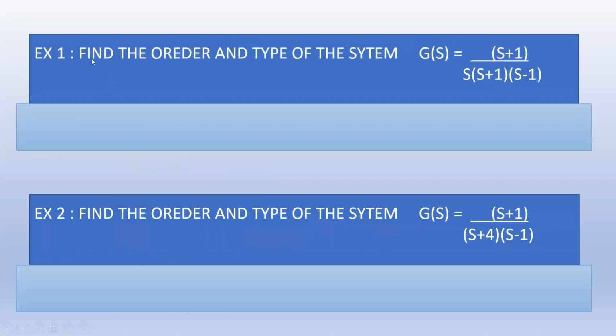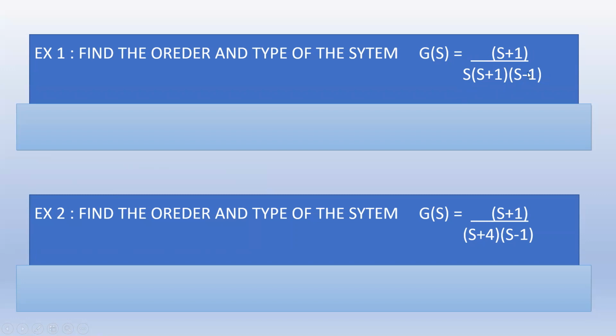Example 1: find the order and type of the system. Here, in the overall transfer function, we have a zero at s equal to minus 1, and we have three poles at s equal to 0, s equal to minus 1, and s equal to 1.